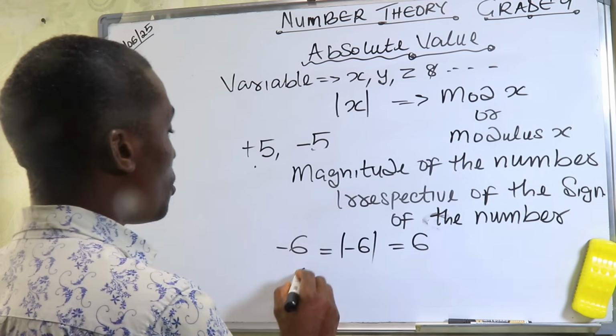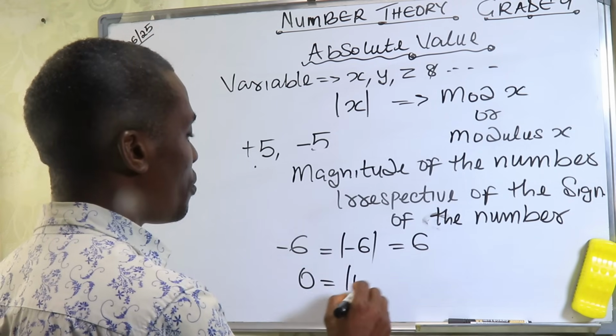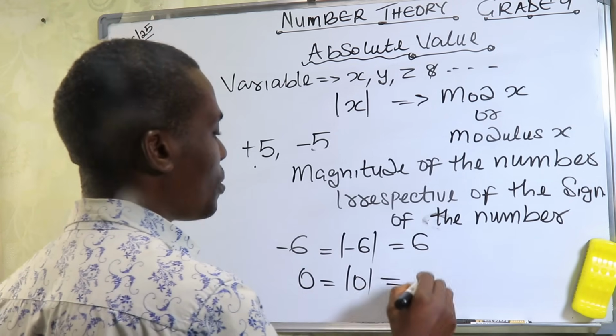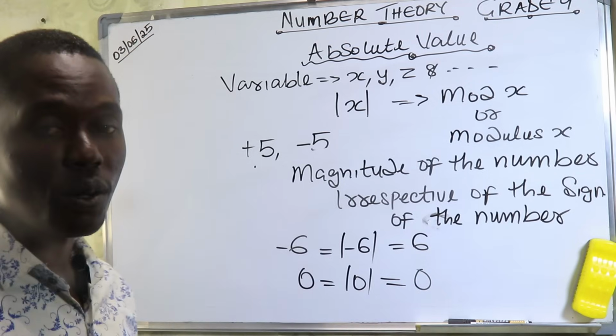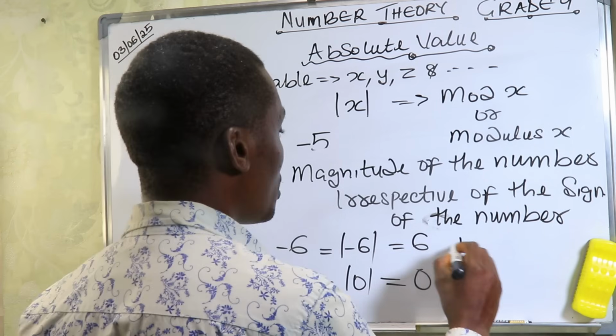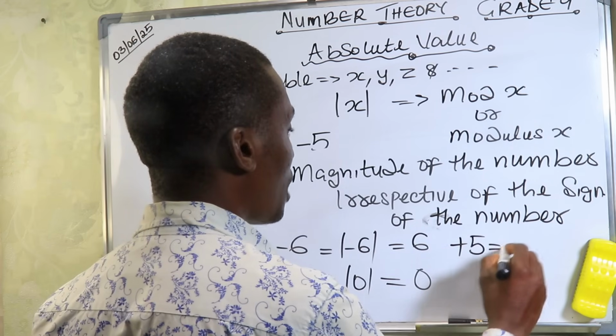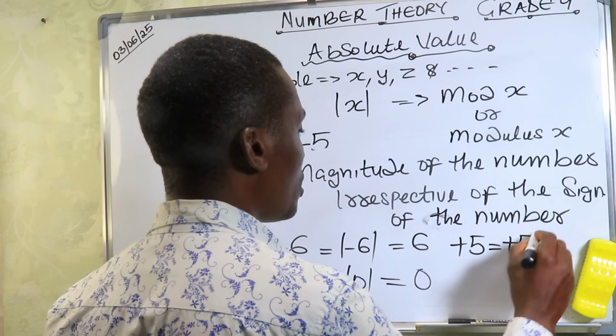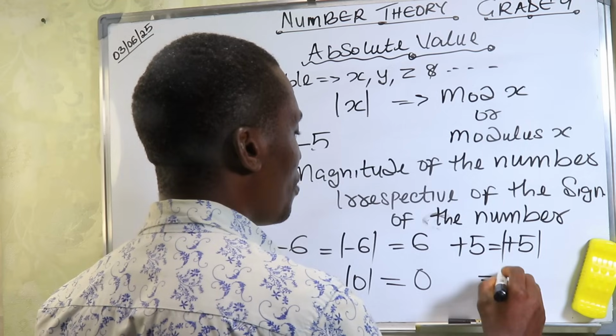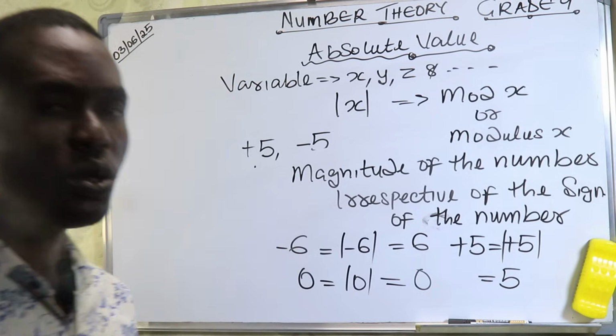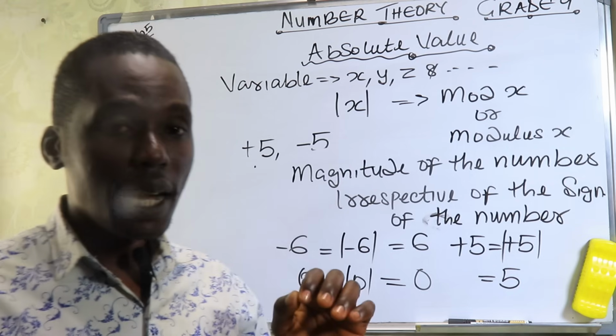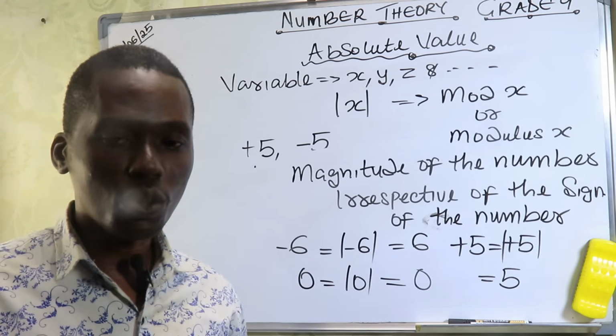If I have 0 and I'm asked to take the absolute value of 0, that absolute value is just 0. If I have +5 and I'm asked to take the absolute value of +5, this will give me what? 5. So I want you to take that home. That is the point you need to note.